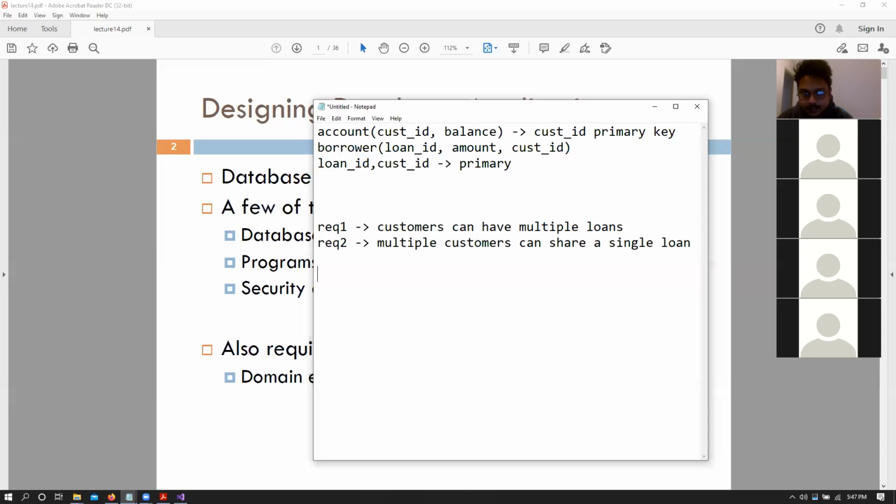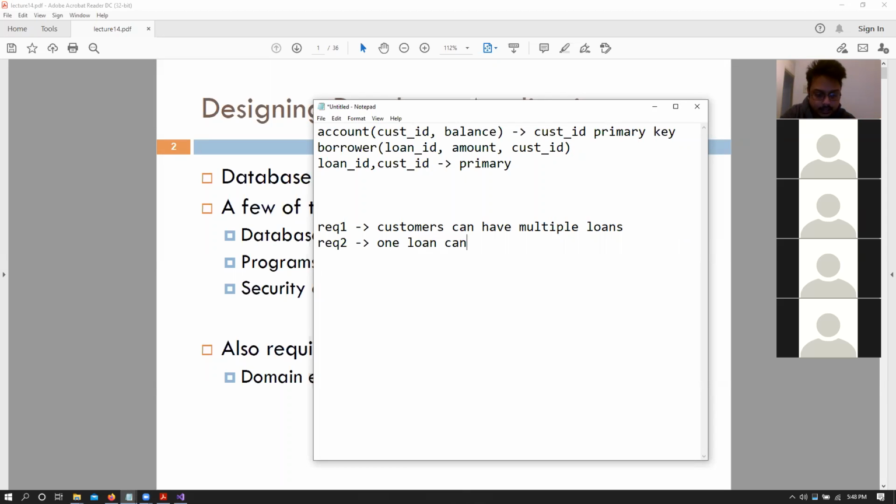So let's look at another case. Let's look at another requirement: customers can have multiple loans, but one loan can only be held by a single customer.